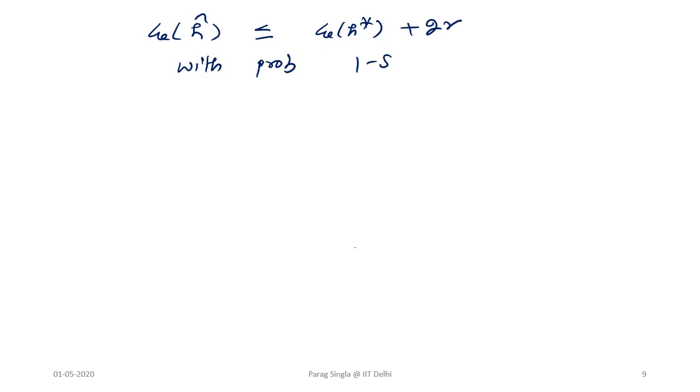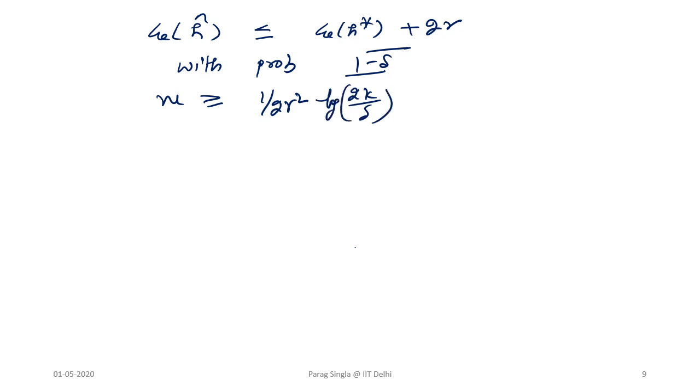I just want to make one remark before we proceed, to make sure that we understand what I've written on the previous slide, which is that we have said that epsilon of h hat is less than or equal to epsilon of h star plus 2 gamma. And I wrote that it holds with probability 1 minus delta, and the last expression I wrote was m greater than or equal to 1 by 2 gamma squared log of 2k by delta.